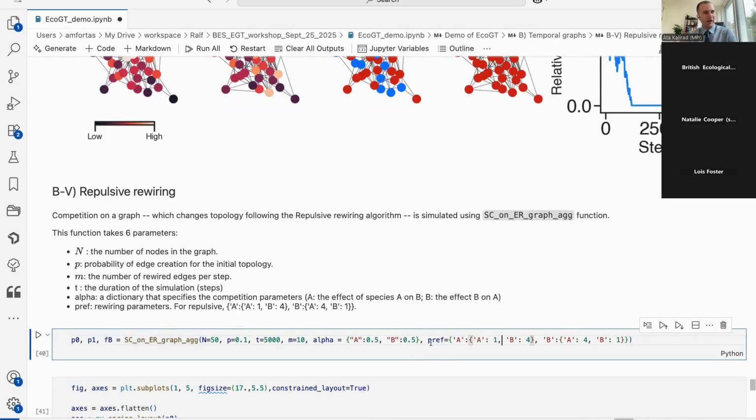algorithm, but now the preference dictionary is set with the opposite idea. Again, you can actually do it any other way. For example, you can set one species to have no preference whatsoever, so just randomly attaching, while the other species actually prefers to attach to either members of the same species or the other species.